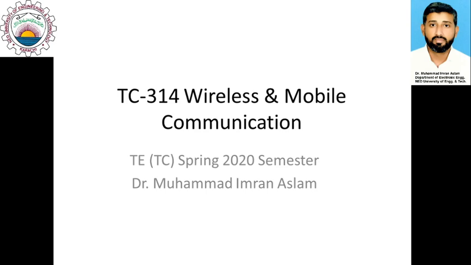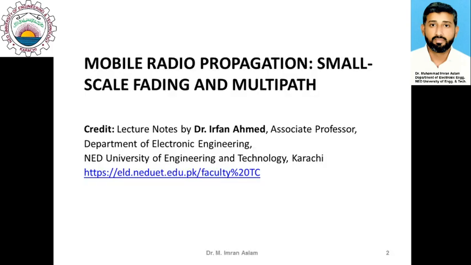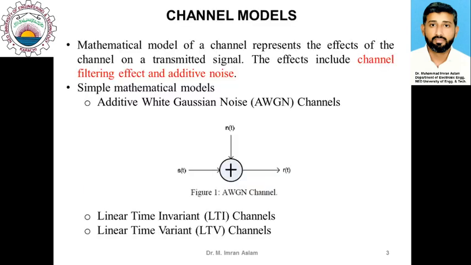Or if you observe the signal for a short amount of time, say of the order of seconds, in that case you observe a significant amount of change in the received signal amplitude. So this was our discussion related to small scale fading, and we started describing the wireless channel.